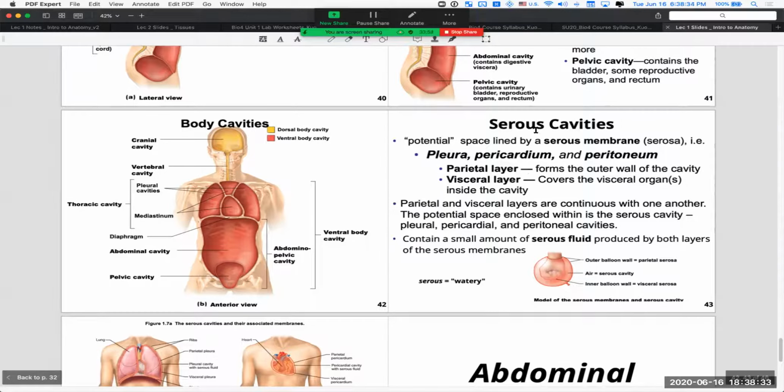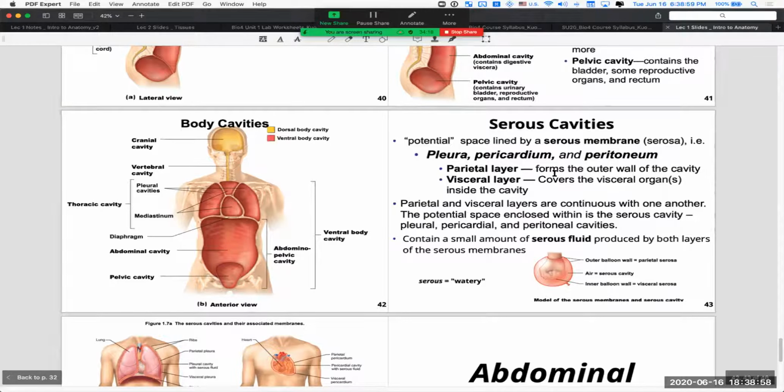The serous cavities are potential spaces lined by watery membranes, or serosa. The layers wrapping around the heart are called the pericardium. There is also serosa surrounding the lungs called the pleura, and the serosa surrounding your abdominal organs is called the peritoneum.